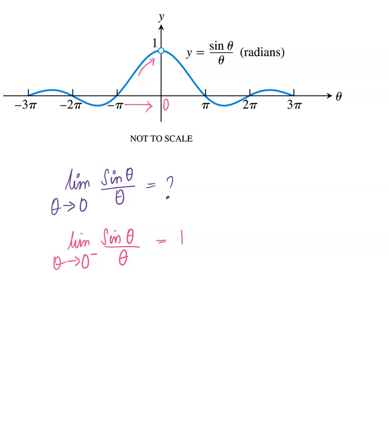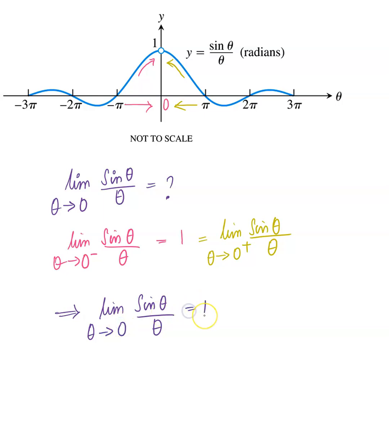And likewise, if you approach theta from the right, the graph also points to 1 as the limit, which is the same as the limit of sine theta over theta as theta approaches 0 from the right. And because both limits are the same, it implies that the limit of sine theta over theta as theta approaches 0 is 1.